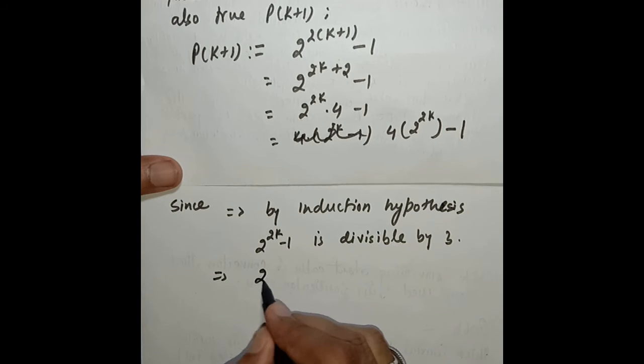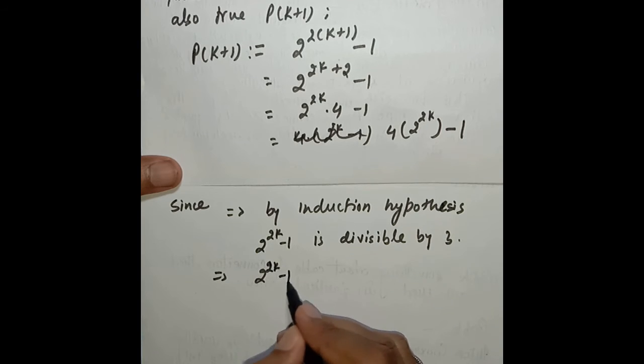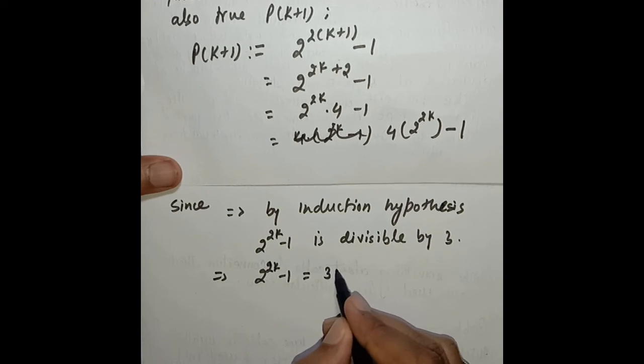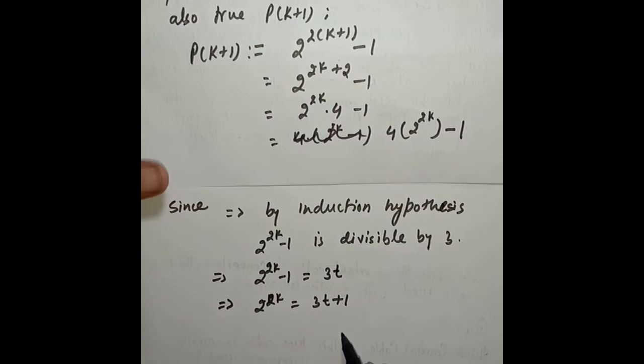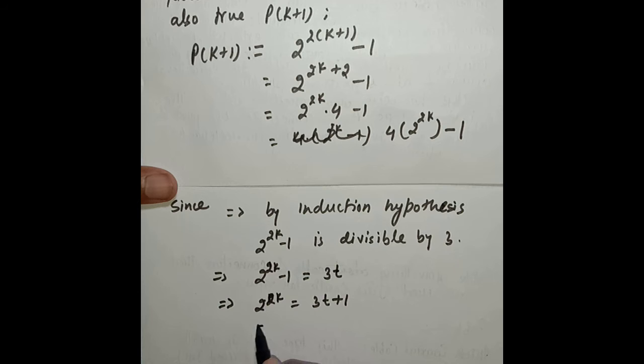This implies 2 to the power 2k minus 1 is 3 into t, t being any integer. This implies 2 to the power 2k is equal to 3t plus 1. Now we have the value of 2 to the power 2k as 3t plus 1.